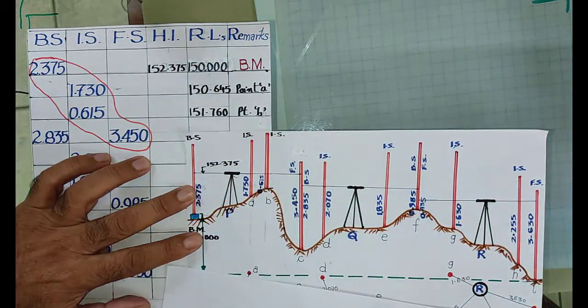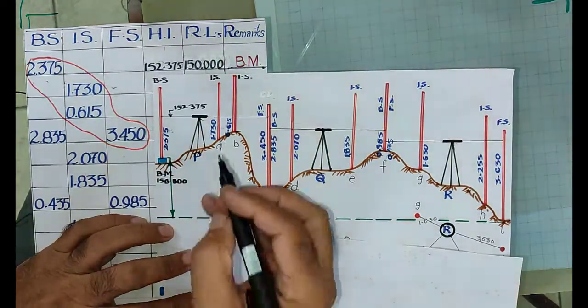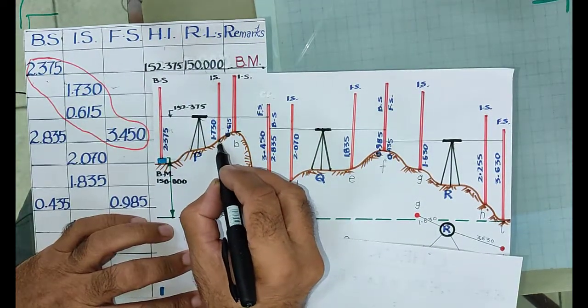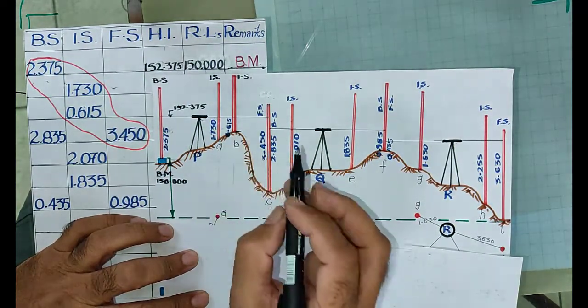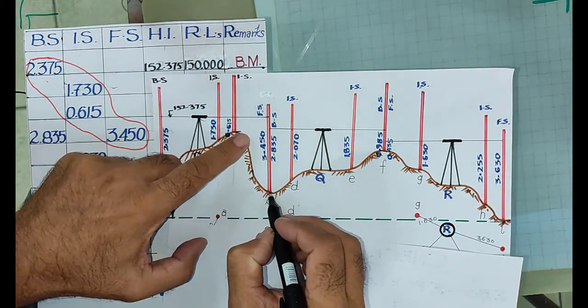For your easiness, I have drawn this sketch. You see this very carefully. We have calculated the RL of this point A and this is point B. This point is C, where you have taken the last reading. This is recorded as foresight.